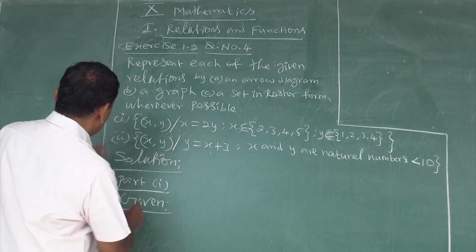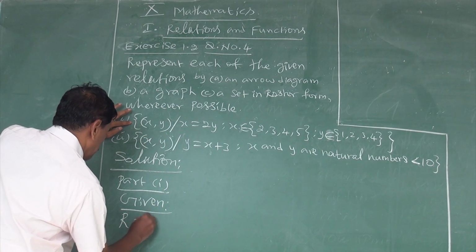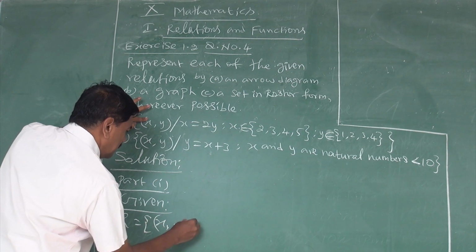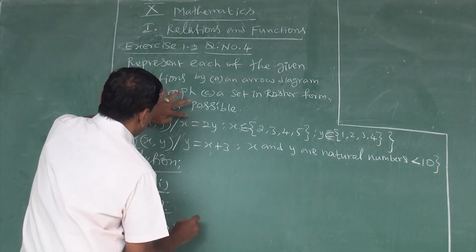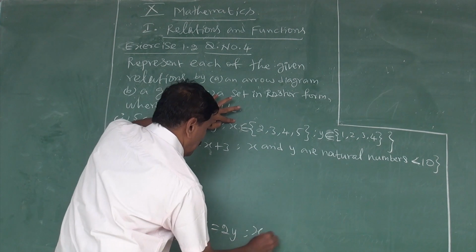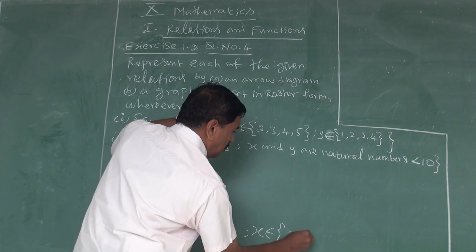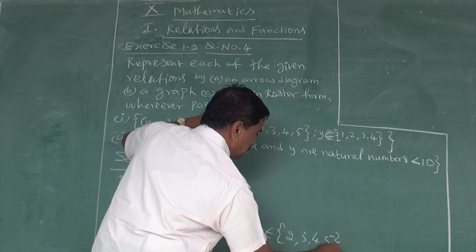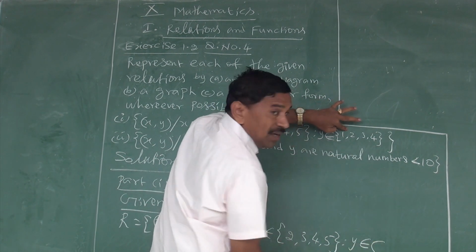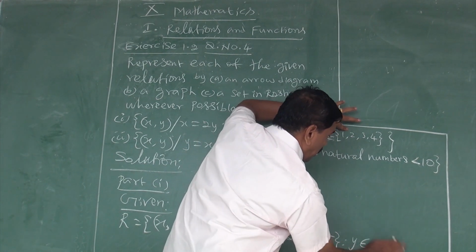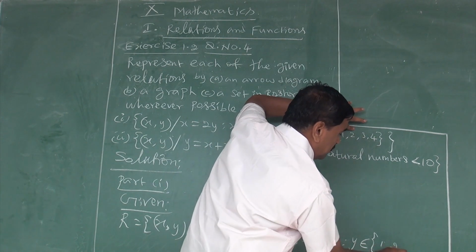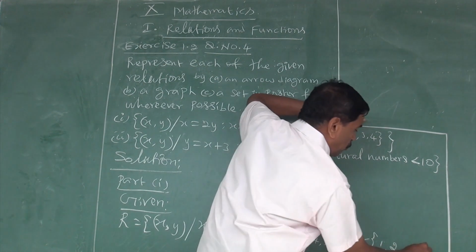You write the same. Given, the relation R is equal to x comma y such that x is equal to 2y, x belongs to 2, 3, 4, 5, y belongs to the set 1, 2, 3, 4.